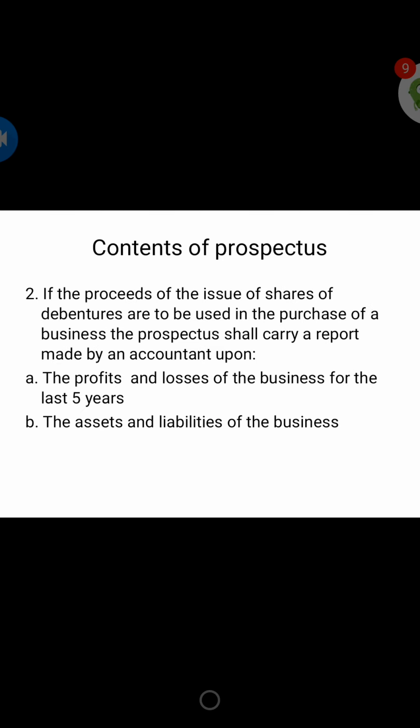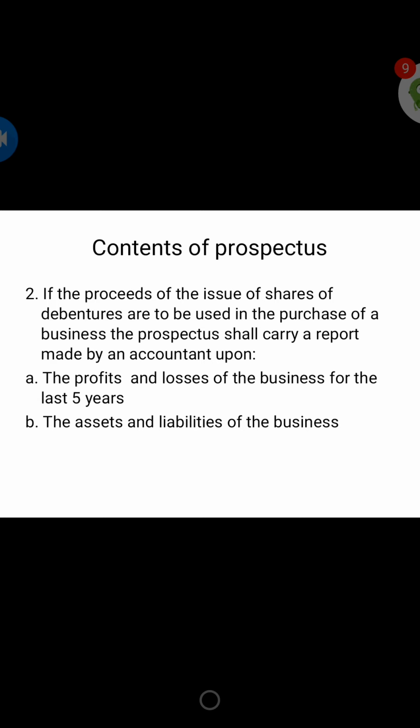Second, it says if the proceeds of the issue of shares or debentures are to be used in the purchase of a business, the prospectus shall carry a report made by an accountant. So the accountant's report should be there.